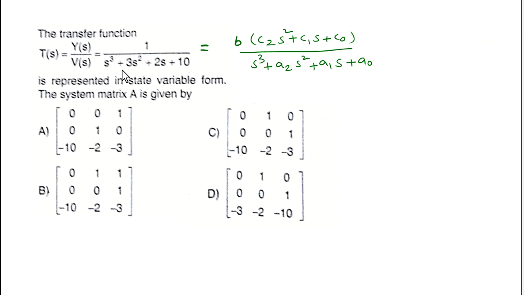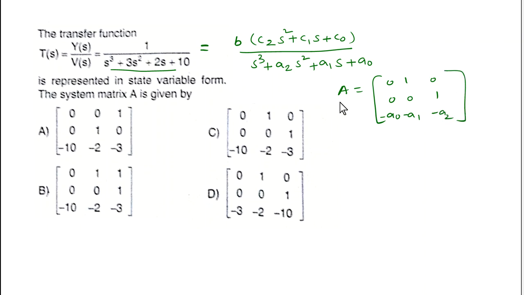So comparing these two equations, what will be the matrix A here? Matrix A will be 0, 0, minus a naught, 1, 0, minus a1, 0, 1, minus a2.